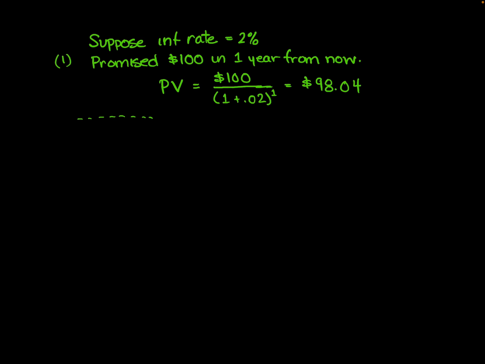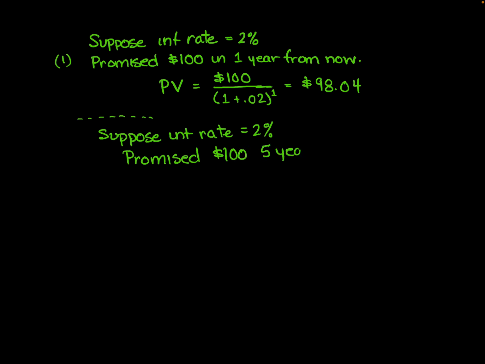So let's suppose that, to take again our first observation about present value and relationships, we have an interest rate still of 2%, but you're promised the $100 5 years from now.